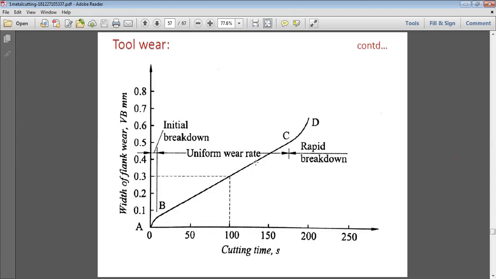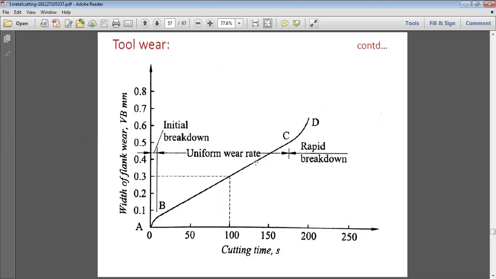After a certain threshold value, after the point C, that is the value of this 180, near about cutting time of 180, there is a rapid increase in the width of the flank wear after C. If we see, the curve is almost a straight line in this case.